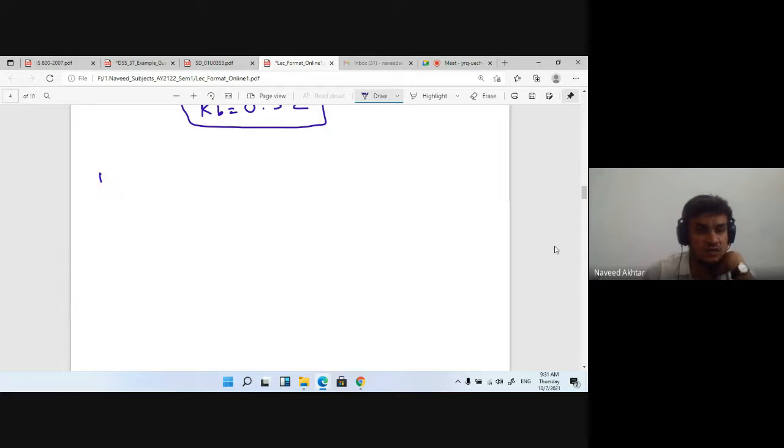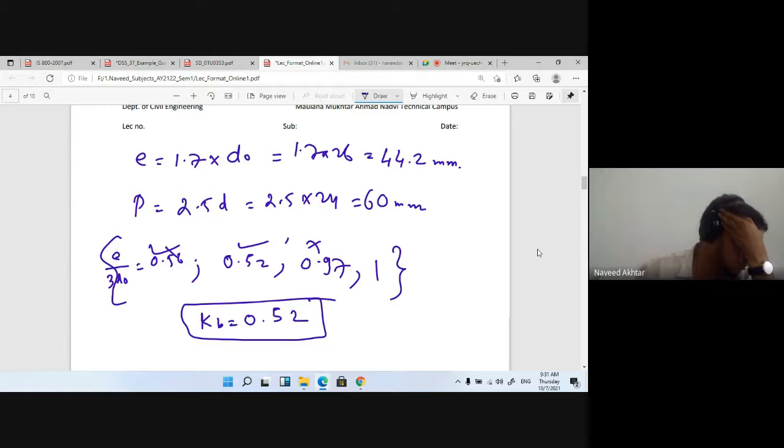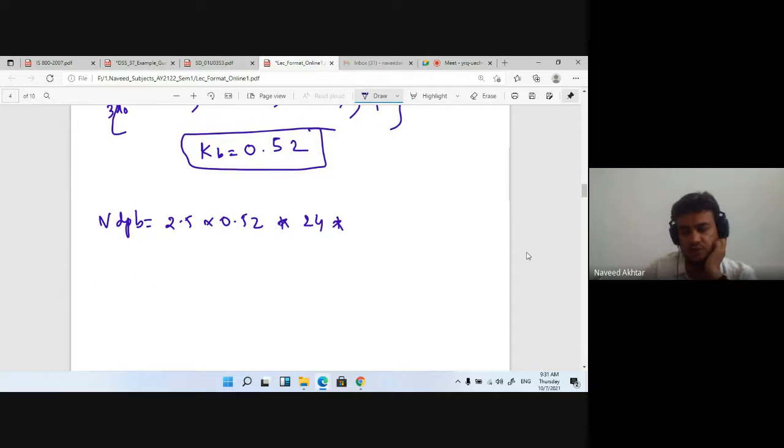Now put the values: VDPB is equal to 2.5 into KB, 0.52, into D, 24, into T, 24 into T. Here T is the thickness of the flange, because the thickness of the plate is 16 mm and the thickness of the flange is 11.6 mm.